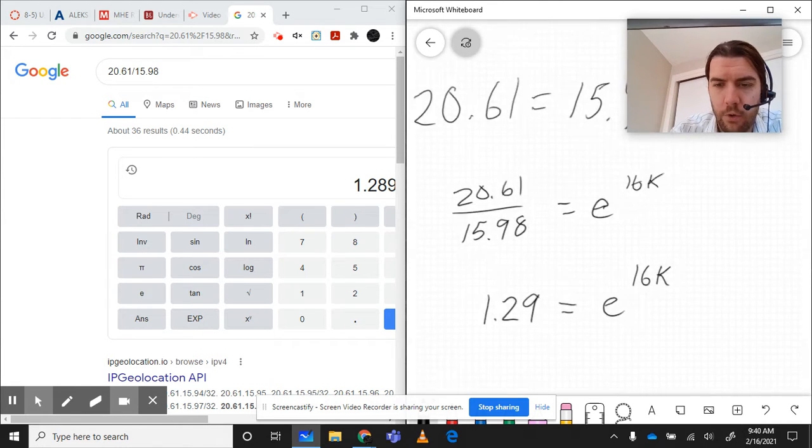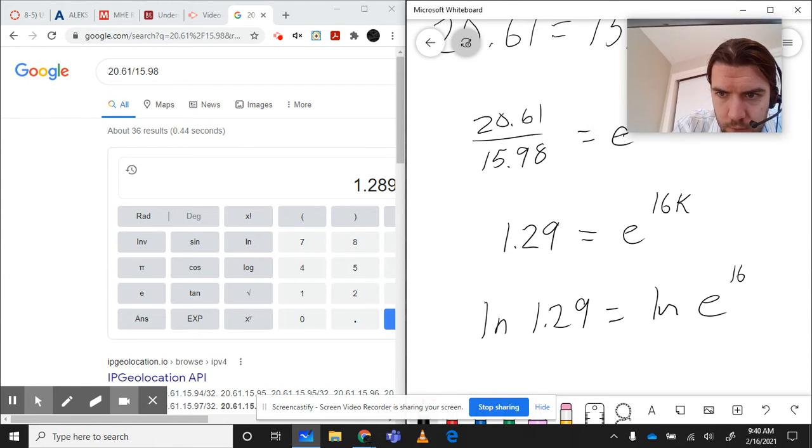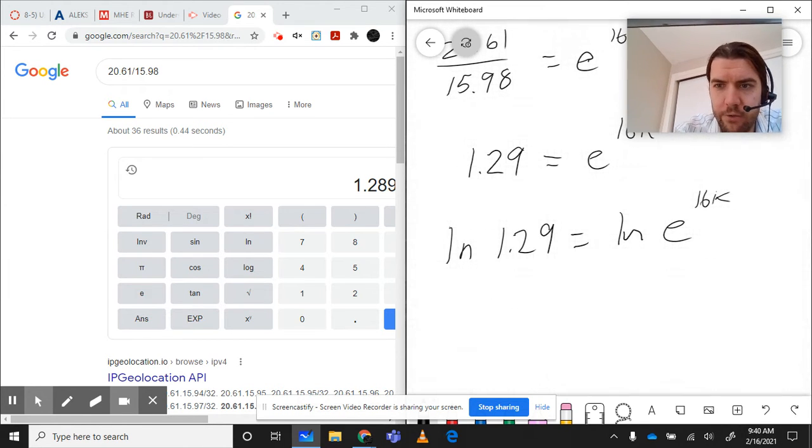Okay, now we use our natural logarithm on both sides. So we say the natural logarithm of 1.29 should equal the natural logarithm of e to the 16k. We'll use one of our logarithm rules, which allows us to pull this exponent down to the front.